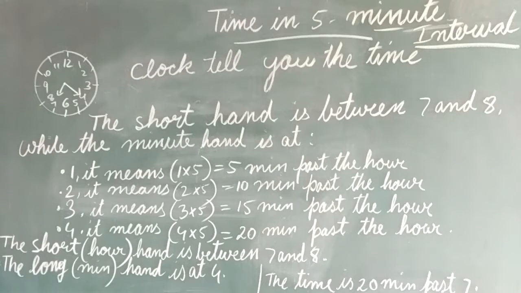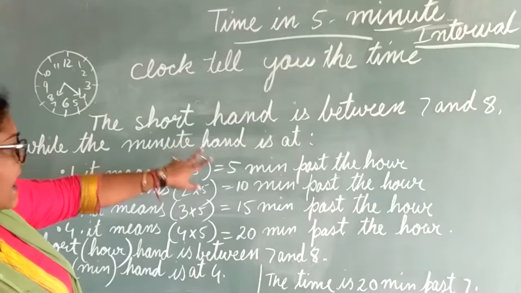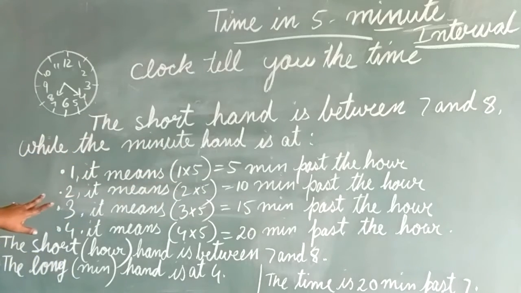What you are seeing is the short hand between 7 and 8. This is 7 and 8, and between them there is one short hand. Where is the minute hand?